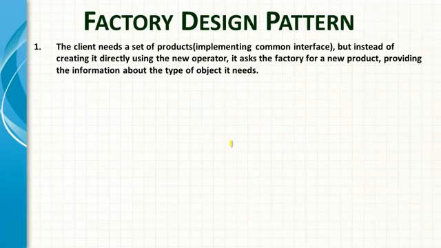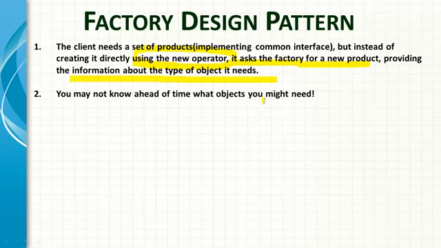If the client needs a set of products using a common interface, accounts, and different sets of products such as mortgage account, loan account, student account, saving accounts, current account, instead of creating it directly using the new operator, it asks the factory for a new product, providing information about the type of object it needs, like S, C, T. I need this. I don't care how you get it, just get it.